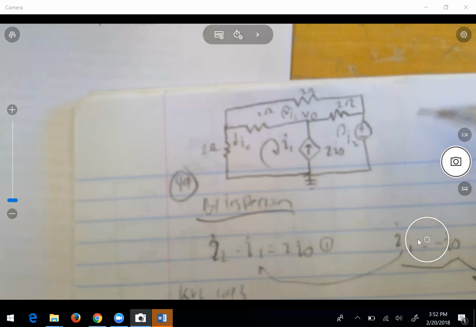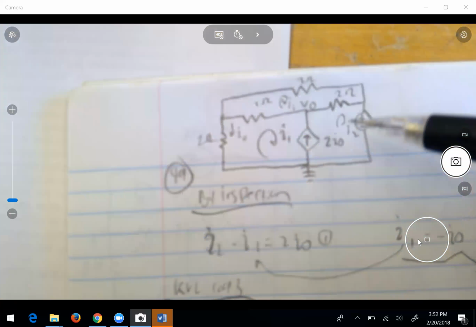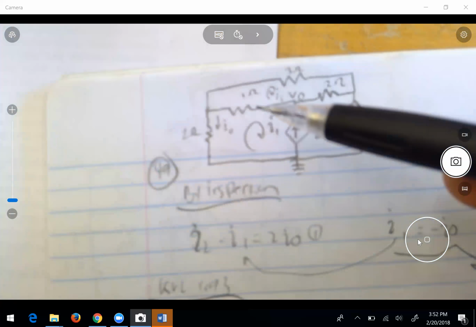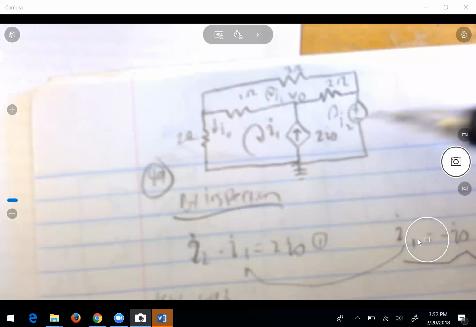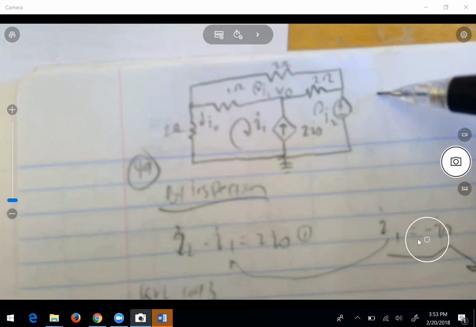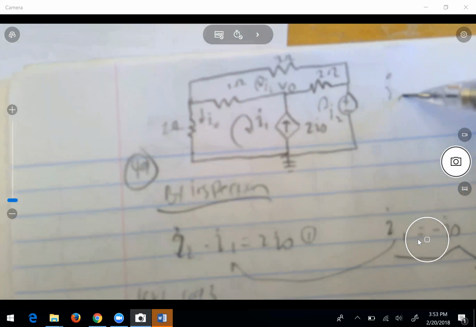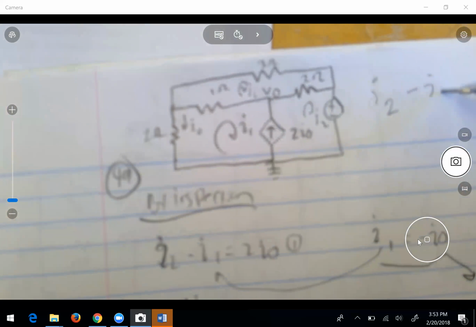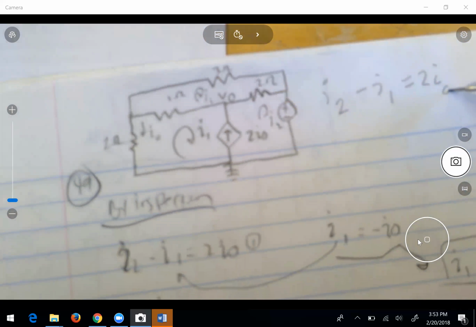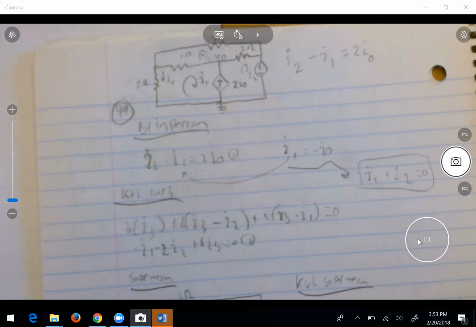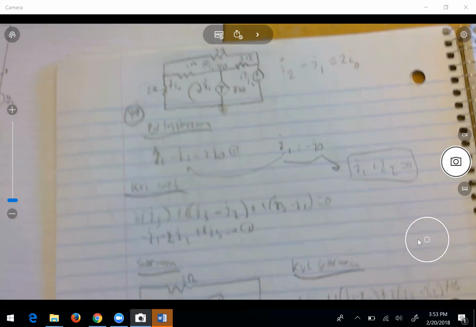It'd probably be okay. So what that says is you've got I2 going up and I1 going down. So I2 is going in the same direction as 2I0. So I2 minus I1, maybe I wrote it wrong, should equal 2I0. That's the by inspection equation.